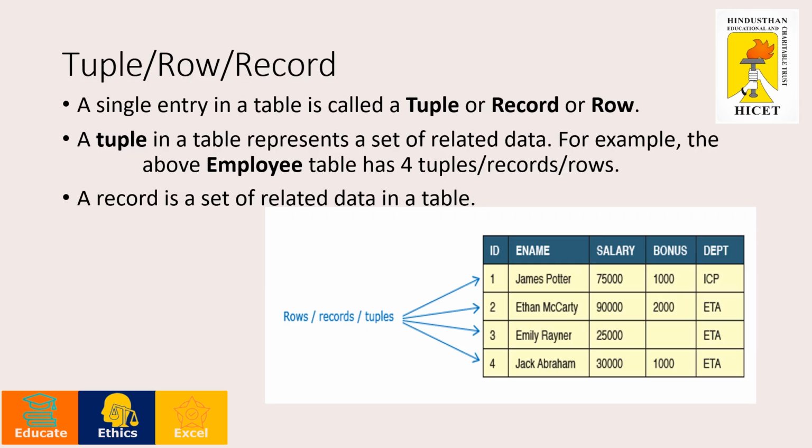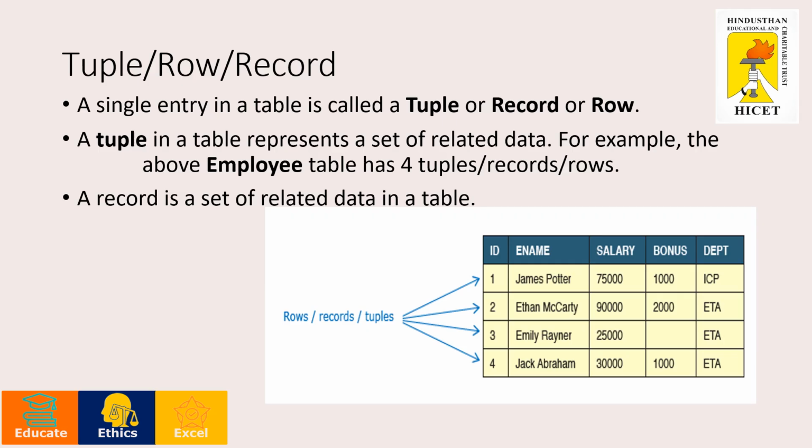What is a tuple, record, or row? In general, a relation or a table is a collection of rows and columns. A single entry in a table is called a tuple, or we represent it as a record or row. A tuple in a table is represented by a set of related data. For example, in this employee table there are four rows or four tuples: the James Potter row, Ethan McCarthy row, Emily Rayner row, and Jack Abraham row.